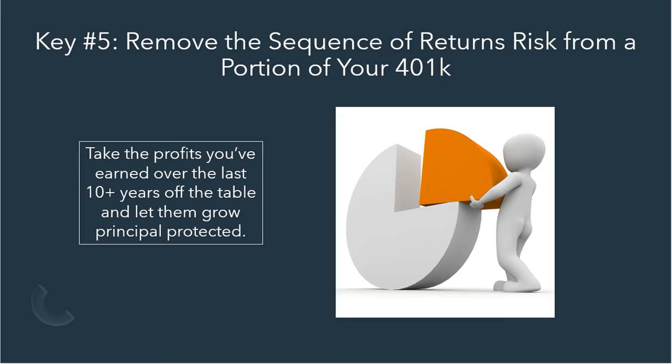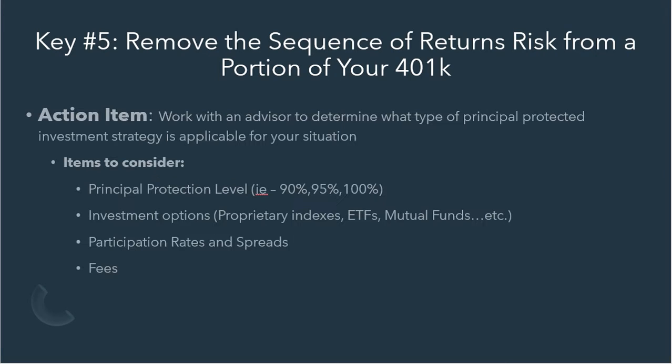Or you can look at the bond allocation that you have in your portfolio and realize bonds aren't really attractive right now. Let's take that money and put it into a bond alternative, protect it 100%, and still allow your money to grow. So, the important thing here is working with an advisor or talking, it doesn't have to be me or my team, but whoever you trust, whoever you can talk to, to determine what type of principal protection that you need in your portfolio.